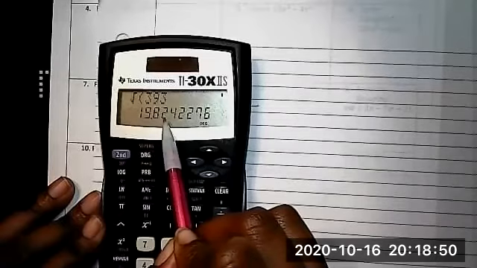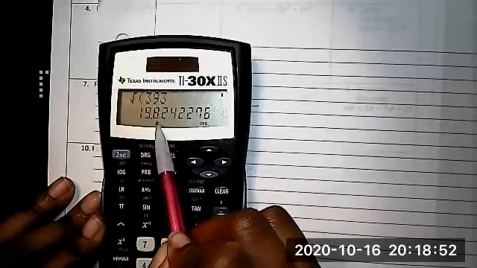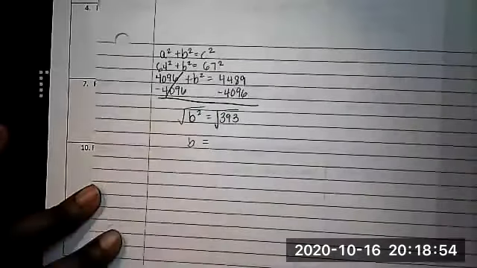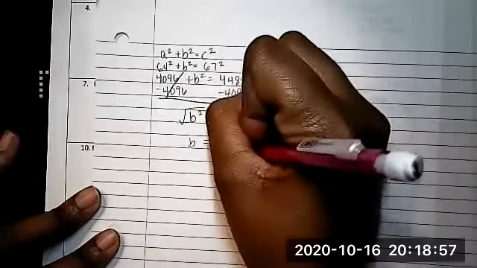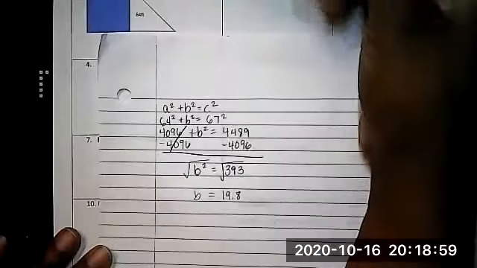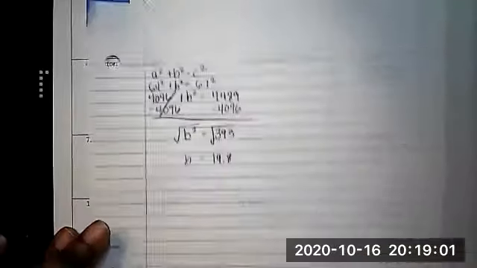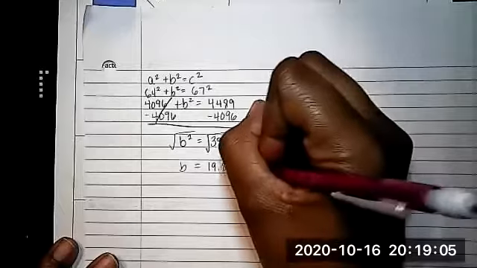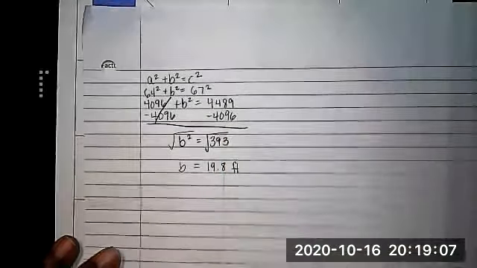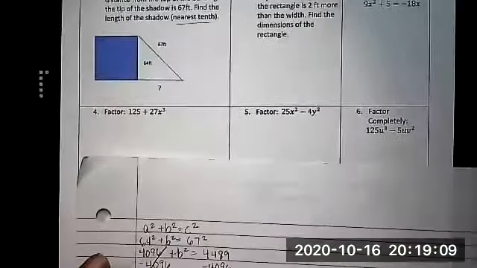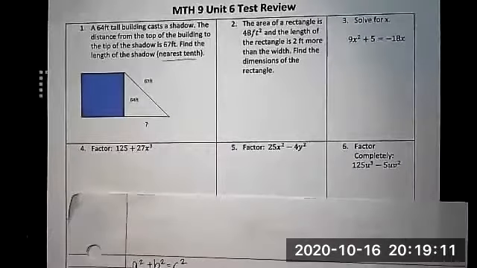This 2 is not 5 or more, so this 8 will stay the same. Your answer is going to be 19.8 feet for the length of the shadow, okay? All right, and that's how you get it using the Pythagorean theorem.